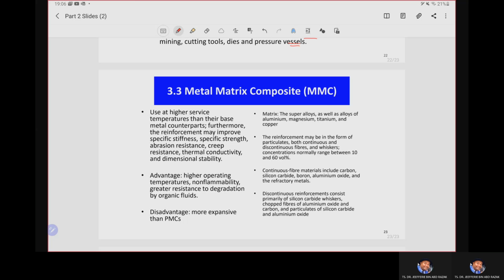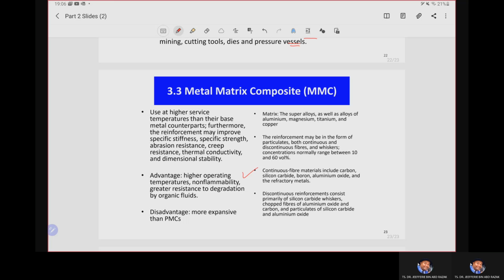So basically, MMC offers the advantage that it can be operated at higher temperature, is non-flammable, and has greater resistance to degradation caused by organic fluids. However, MMC, as we know, is a bit pricey, expensive compared to PMC, the polymer matrix composite.